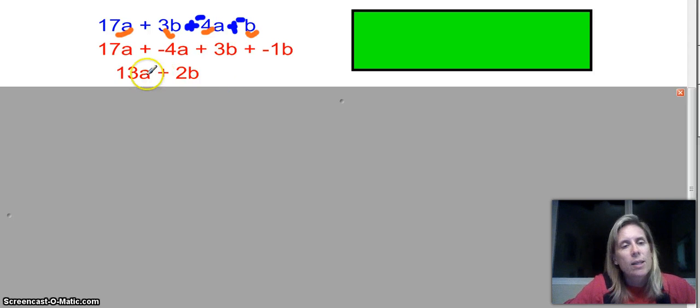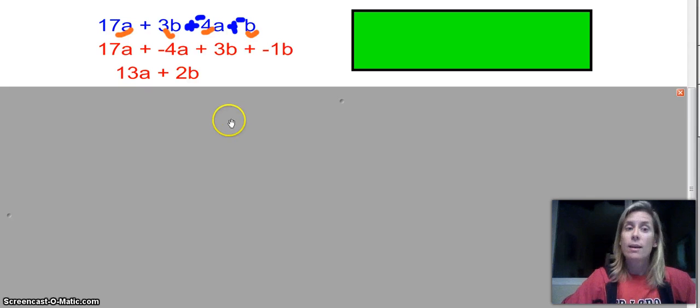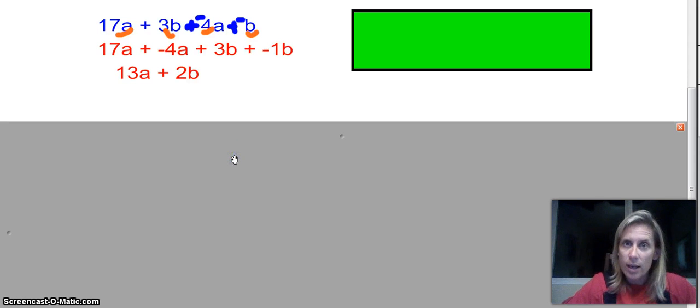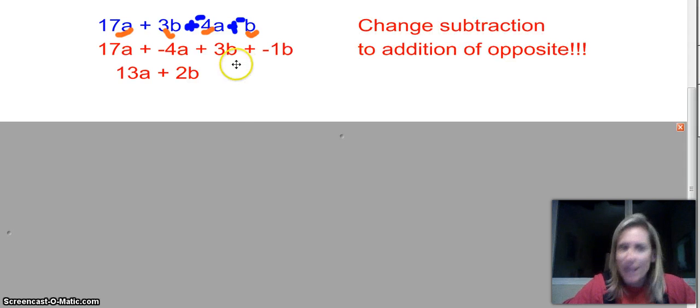Good. And so 13a's plus 2b's is 13a's plus 2b's. That's what it is. We don't say 15 anything. These are not like terms. So it is a common error for somebody to say that this is 15 ABs or something. And we don't say that because, look, they're not like terms.